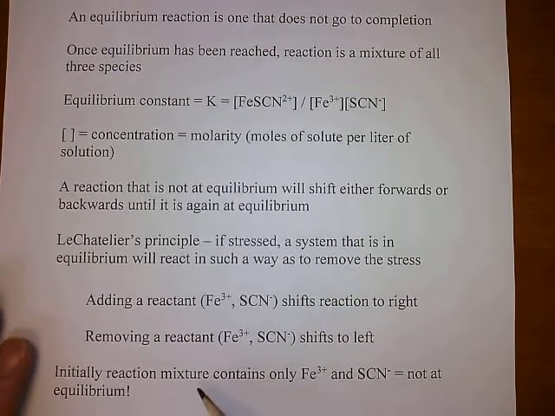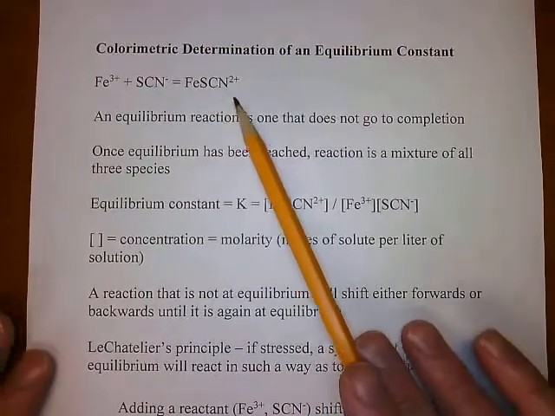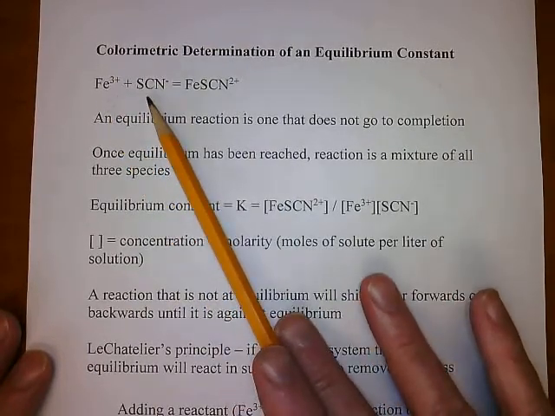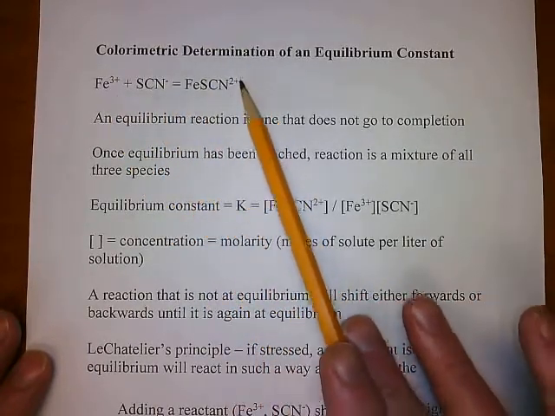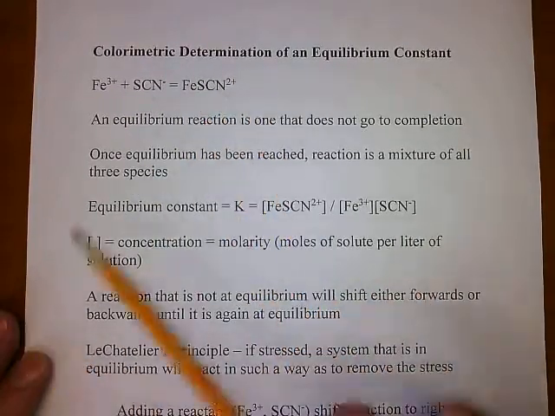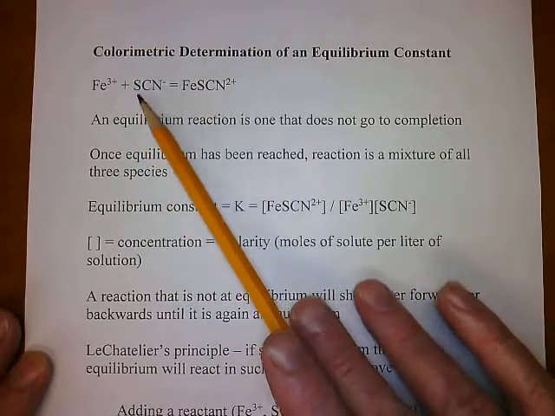Note that initially our reaction mixture only contains iron 3 and thiocyanate. When we start out, we're mixing together solutions of iron 3 and thiocyanate. There is no iron thiocyanate complex ion when we start out. So this is formed at the expense of these two.